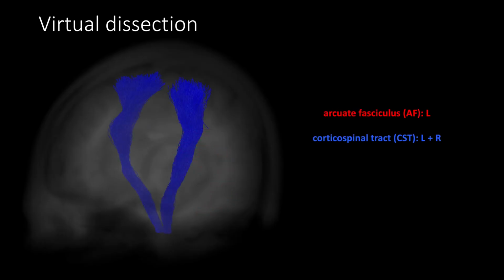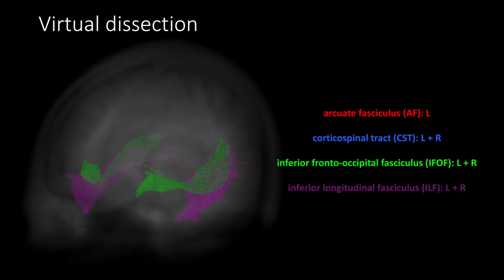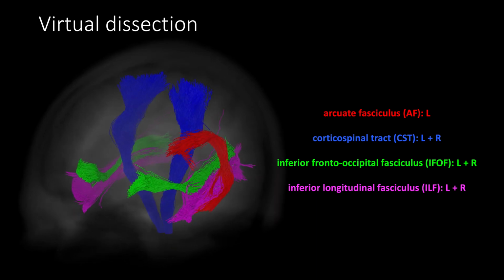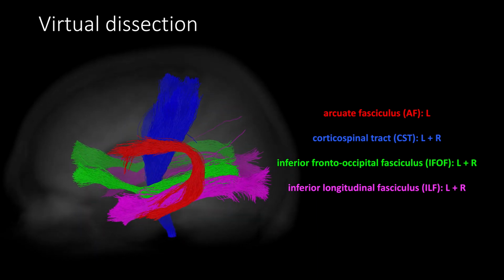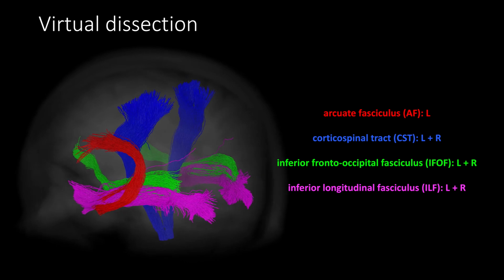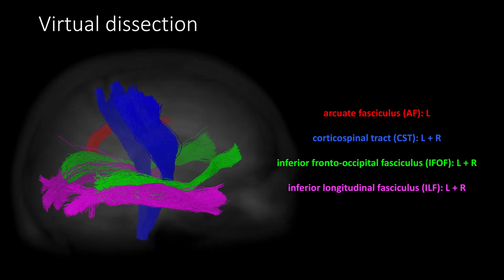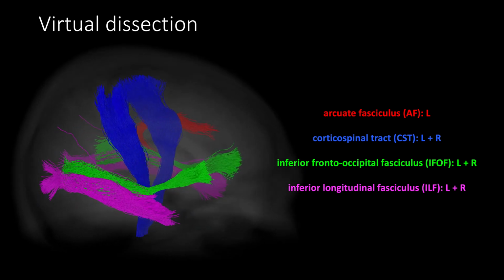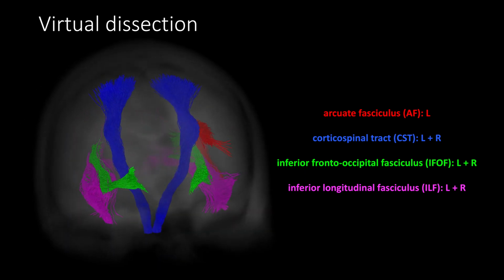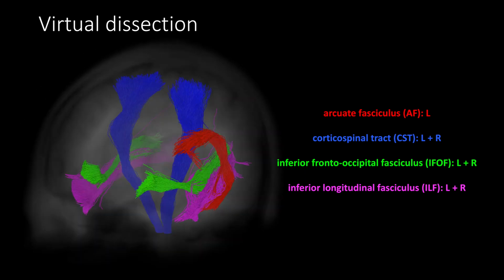This technique has been successfully used to isolate many different fiber bundles, and as such it is sometimes referred to as virtual dissection. Virtual dissection is a very powerful segmentation tool for white matter bundles, and resulting segmentations are nowadays routinely used to study quantitative metrics, either from diffusion MRI or from other modalities, in specific fiber bundles only.